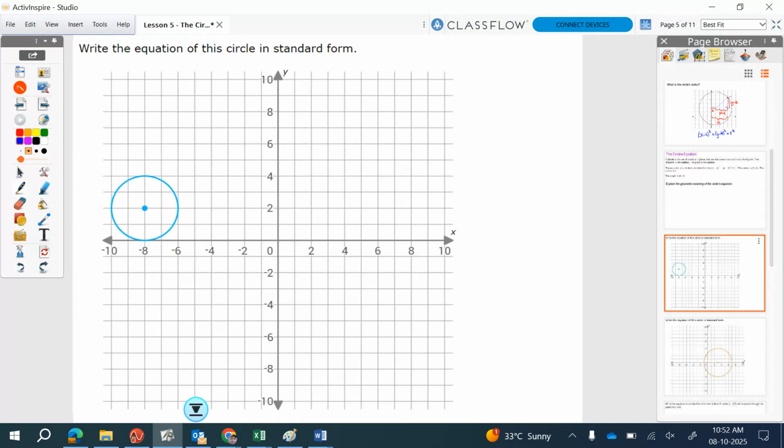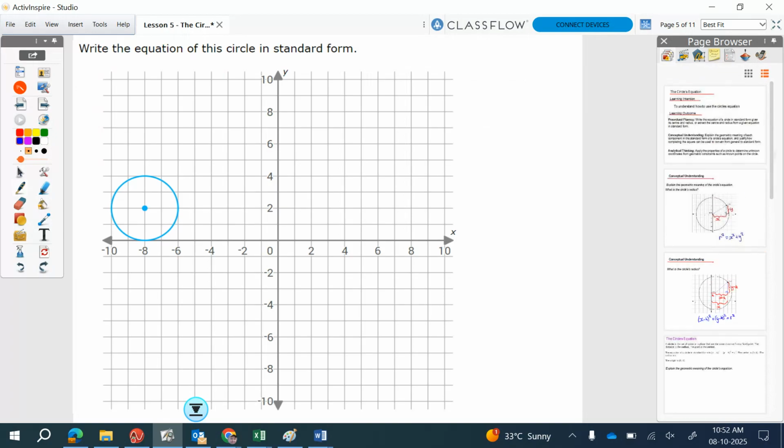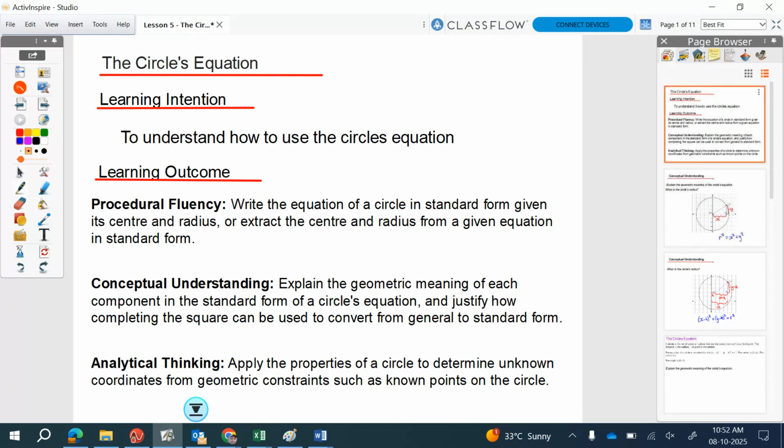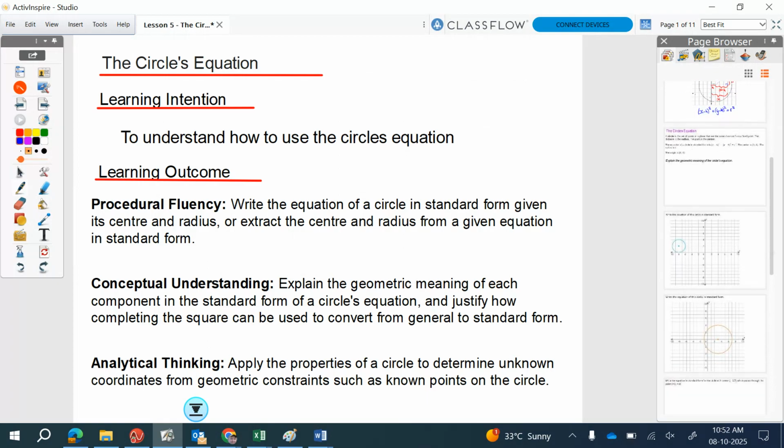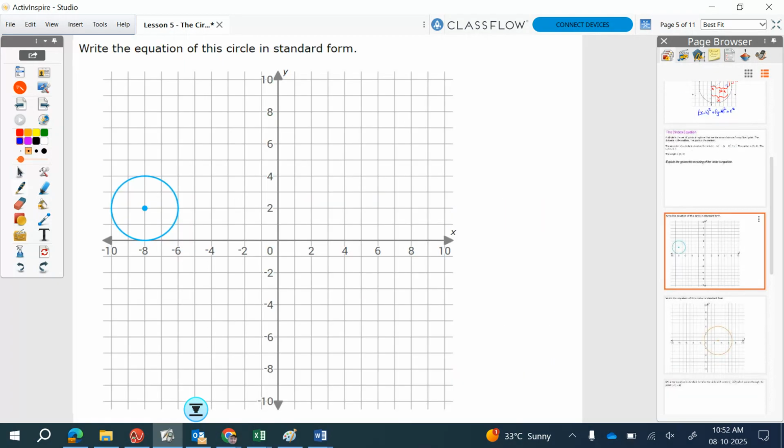Let's have a look. So our first task, from the procedural understanding at the beginning of the lesson, is that we wanted to know how to write the equation of a circle in standard form for a given circle. We've been given a circle and asked to find this equation in standard form. What is the center of the circle going to be? This is going to be minus 8, 2. What is the radius of this one going to be? 2.